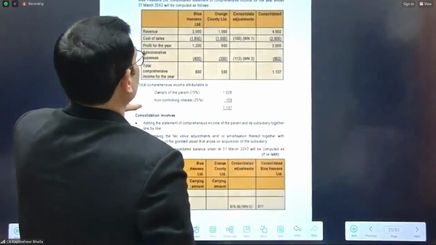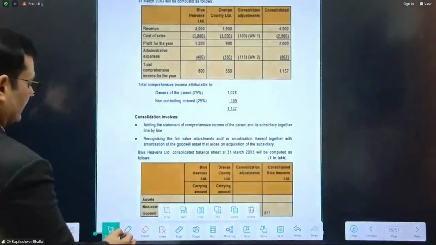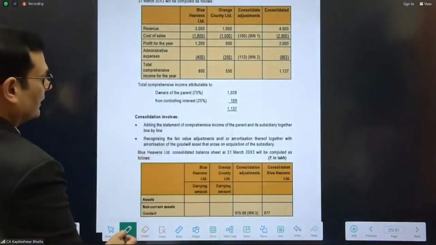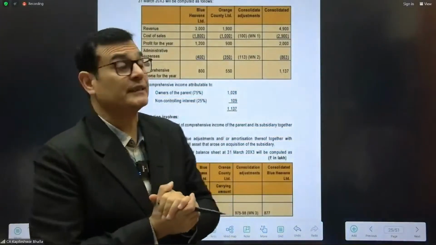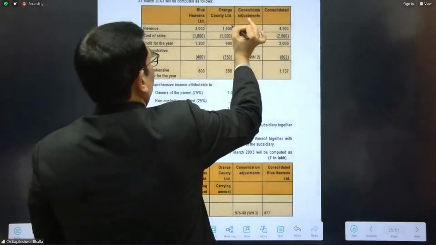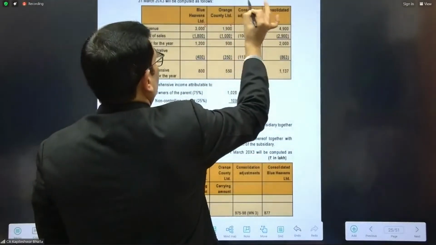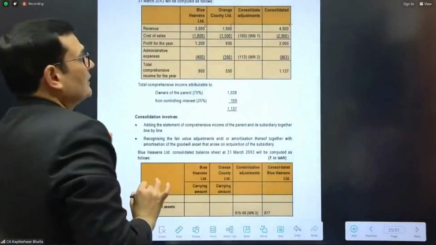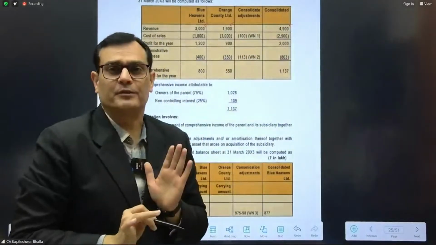Now let's have a look at the consolidated income statement, because there are hardly any adjustments. You can see we have taken the revenue of the holding and the subsidiary, no intercompany sale purchase. So 4,900 becomes a consolidated revenue.